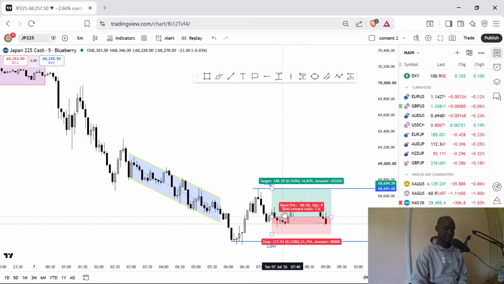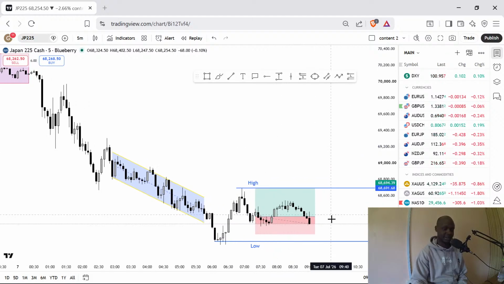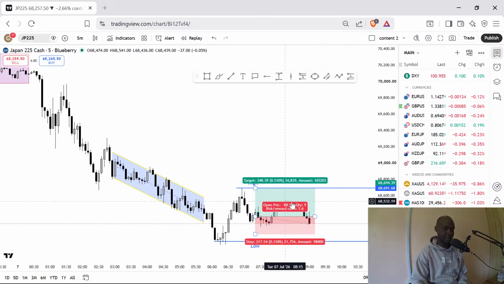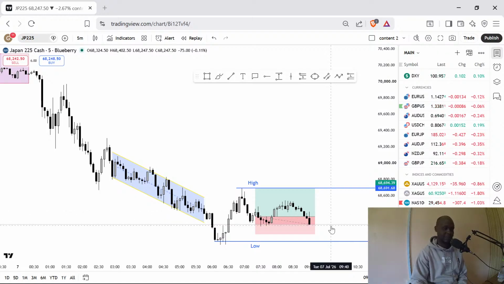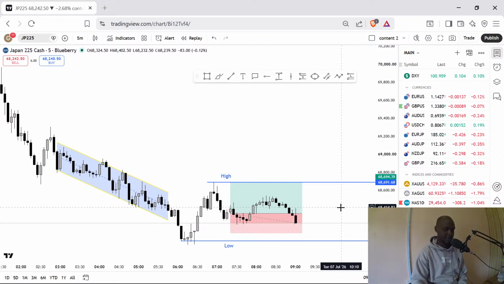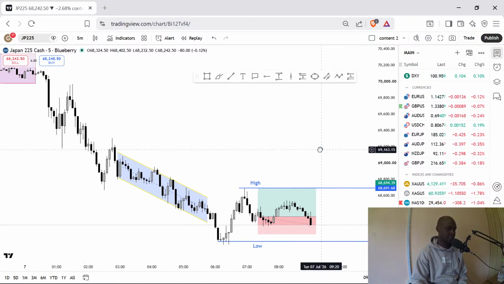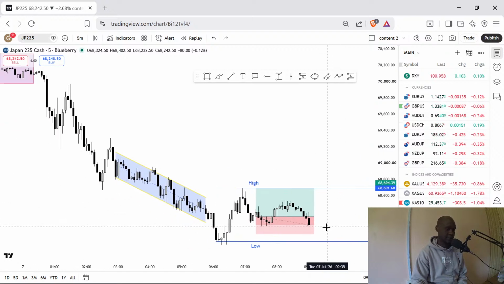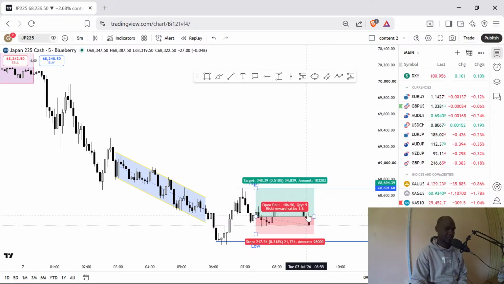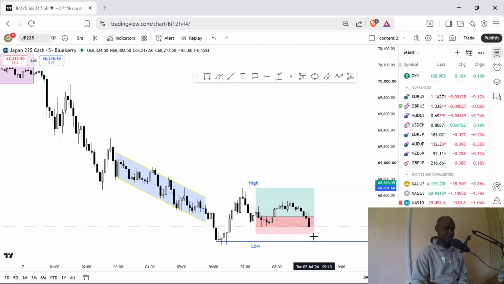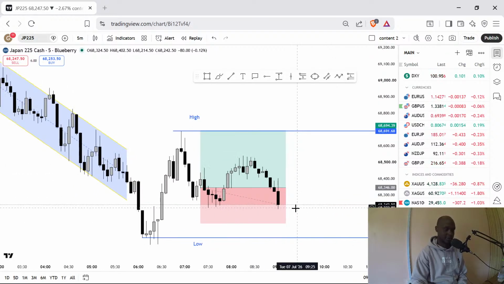I don't like to see price hovering around this area because more likely than not, whenever we hover around the entry, we might get tagged out of the trade. So this might end up being a loss, but let's wait and see. If we break this low over here, this candle might end up taking us out. So let's wait and see how it's going to react to testing these lows.